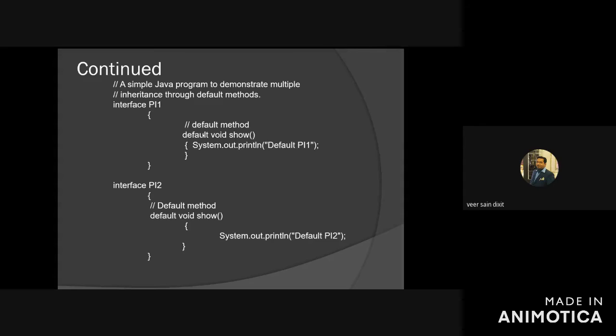If you use the keyword default, it means this is a default method, and you are defining it here, printing the default PI1. In another interface, you are creating default void show, with System.out.println default PI2. Otherwise, interfaces only have the declaration of methods. You cannot define any method in an interface, but you can define default methods.